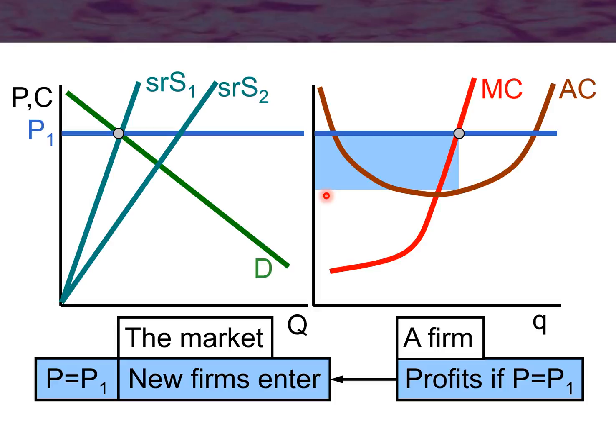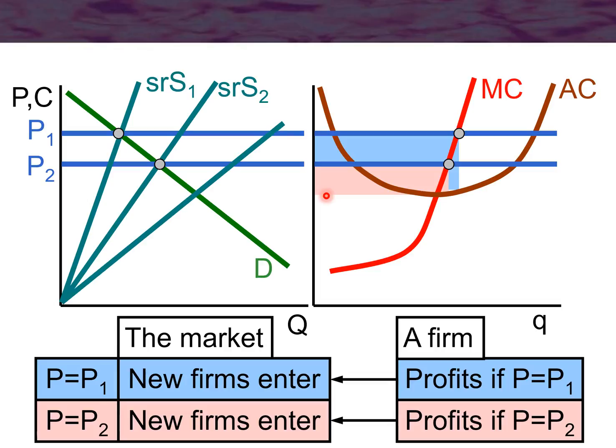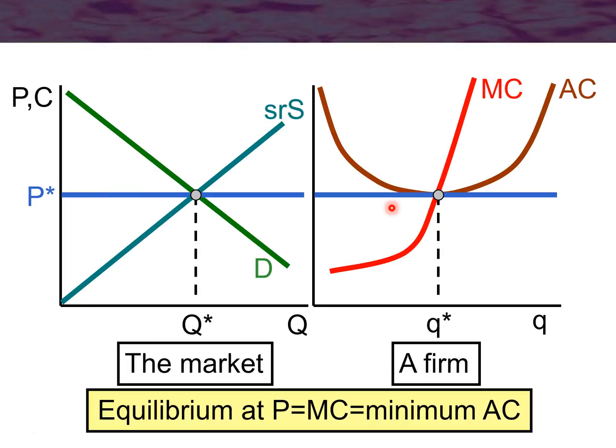We've got a new lower price, so profits are falling, but as long as price is above average total cost, firms are going to enter the market until so many firms have come into the market where it drives price down to, again, minimum average total cost. So this is the long run equilibrium for a perfectly competitive industry.